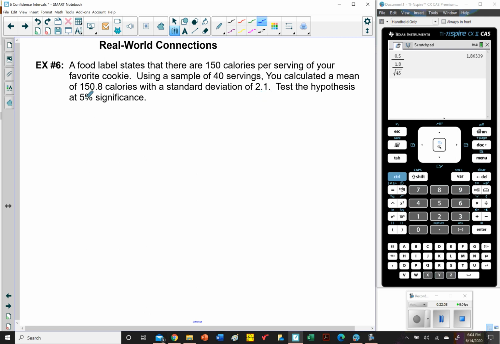And we want to test the hypothesis at a 5% significance level. So the null hypothesis is that there are 150 calories. This is our claim. The alternative is that mu isn't 150.